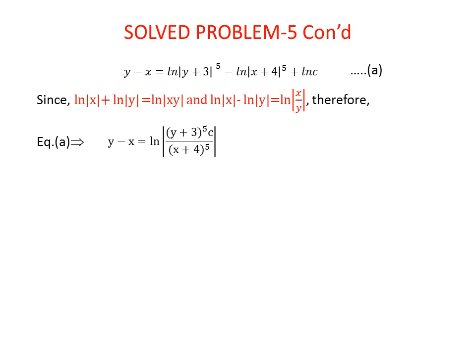So here we have (y plus 3) to the power 5 multiplied by c. This becomes the product according to the property of logarithm, first and last term in equation A. Similarly, the first and second term have a different sign, so the second term must divide the first term, so it appears in the denominator. Now (x plus 4) to the power 5.